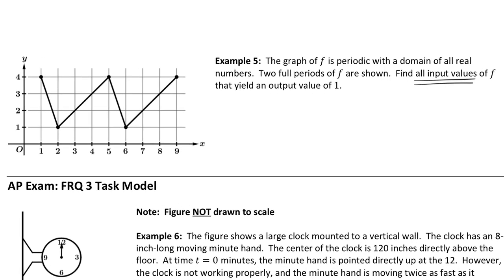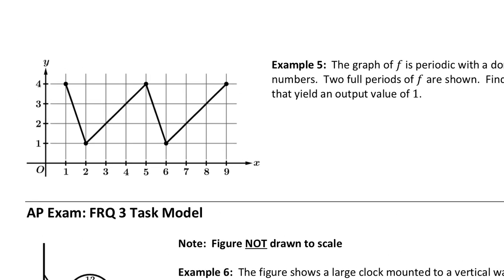What is the period length of this graph? How long does it take for us to start and finish the shape? Isn't it 4? Yeah, even though it starts at 1.